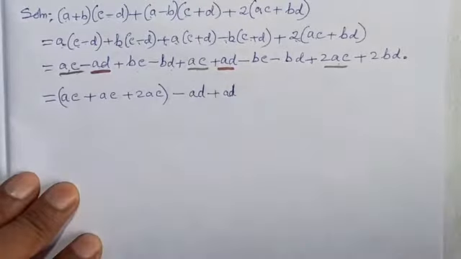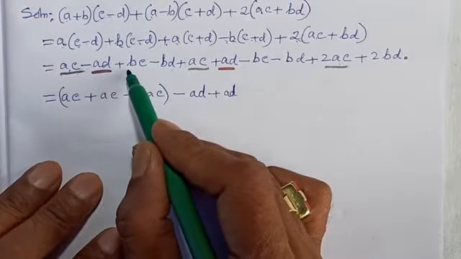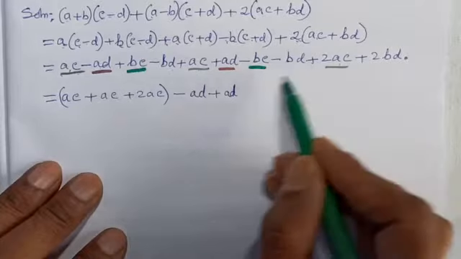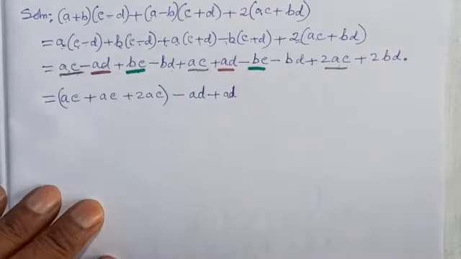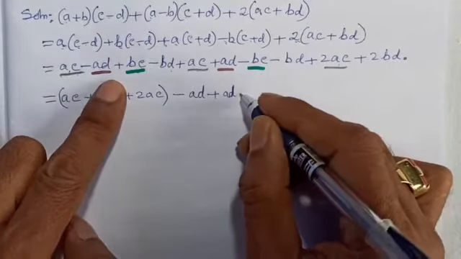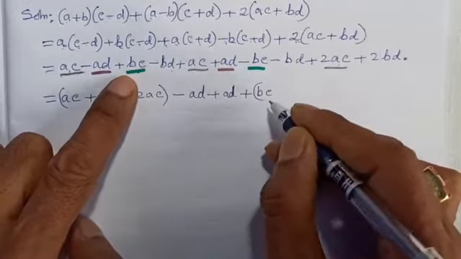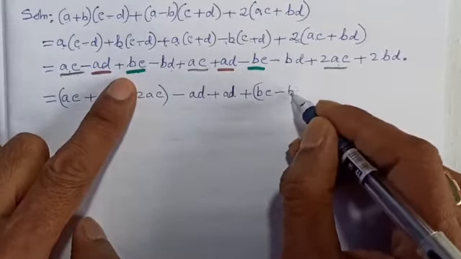After that, again let us select like terms. Here BC, here also BC. So this BC and this BC are like terms, so let's write together. So here plus BC, and here also again minus BC.